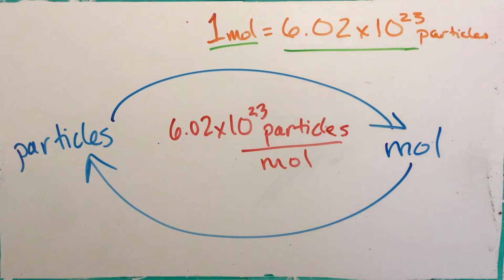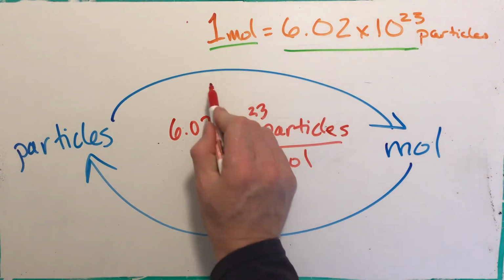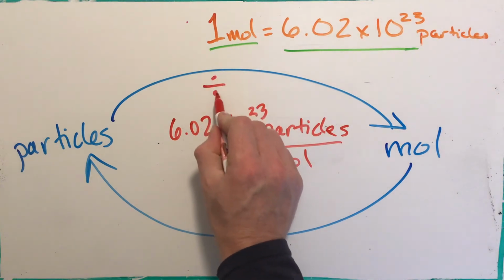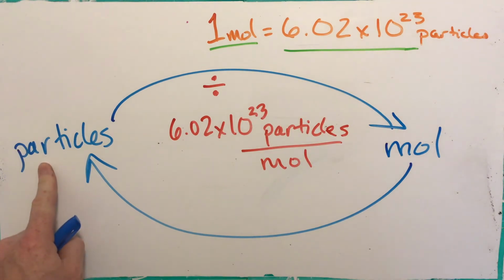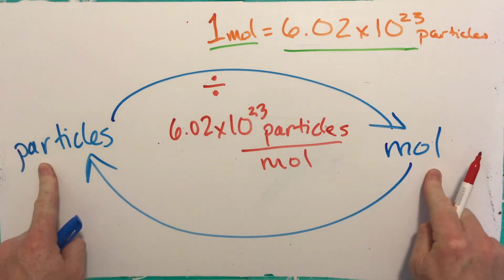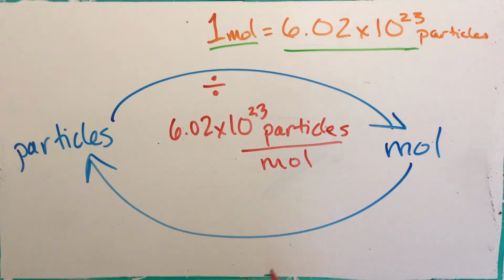To turn my individuals into groups, if you remember, we divided. Just like going eggs to dozens. I divided. 36 eggs was 3 dozen. I took 36 and divided by 12. So same idea here. We're dividing.